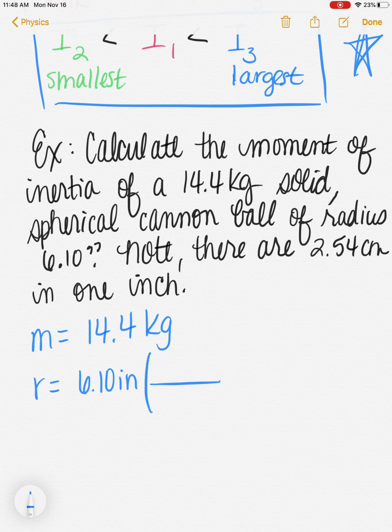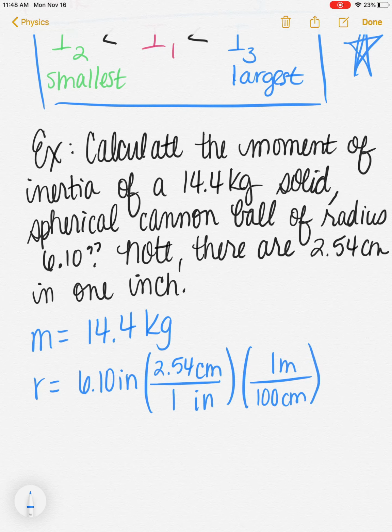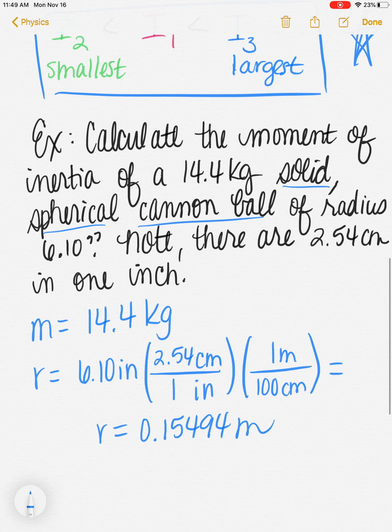Radii have to be in meters for this to make sense, so we've got to get rid of inches and go to centimeters. 1 inch is 2.54 centimeters, and there are 100 centimeters in every 1 meter. So you take 6.10 times 2.54 divided by 100, and the radius ends up being 0.15494 meters.